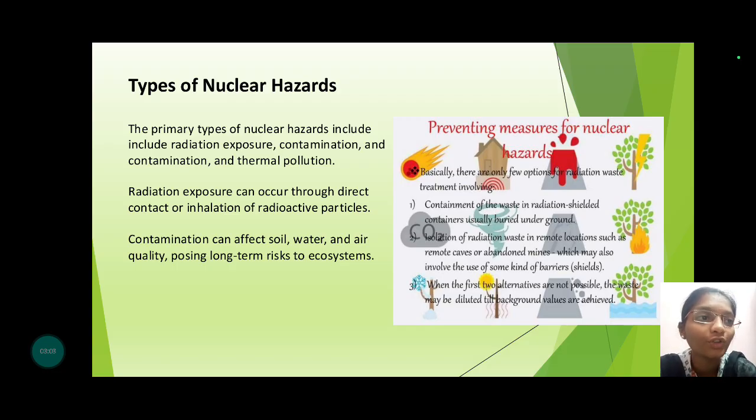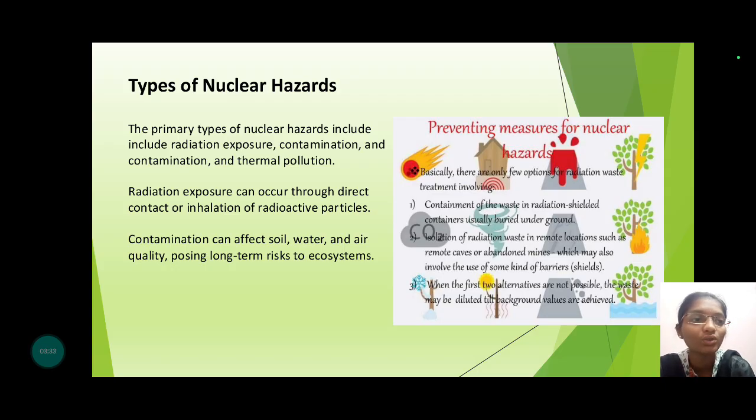Basically, there are few options for radiation waste treatment: containment of the waste in radiation shielded containers, usually buried underground; isolation of radiation waste in remote locations such as remote caves or abandoned mines, which may also involve the use of some kinds of barrier shields.